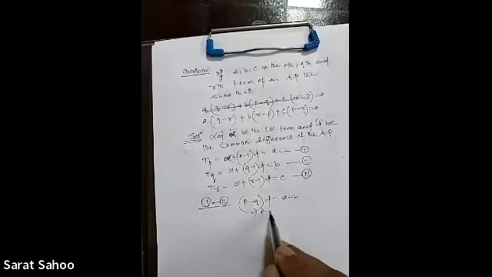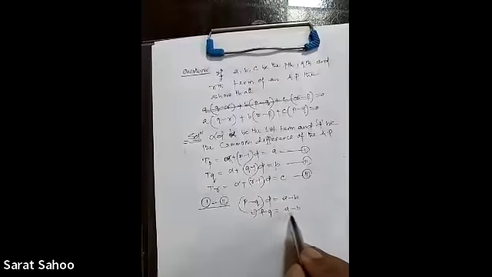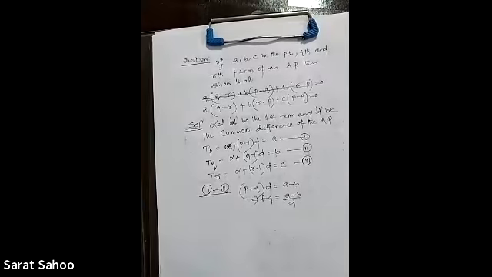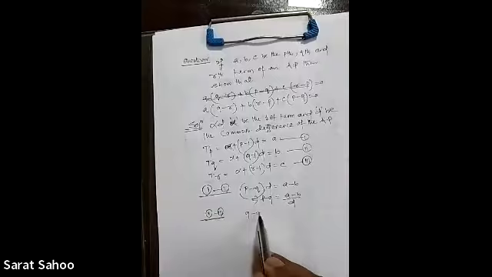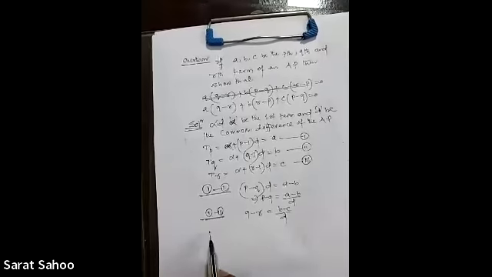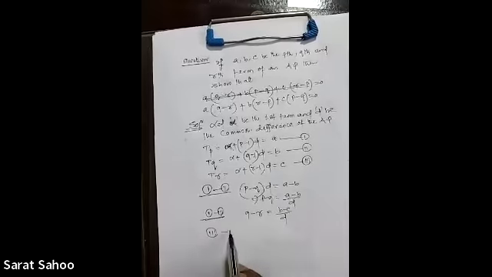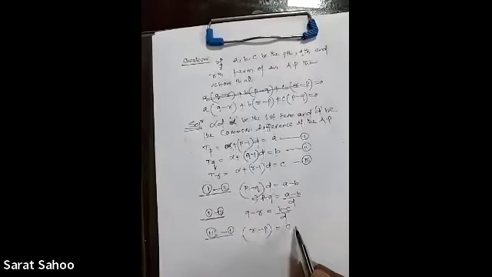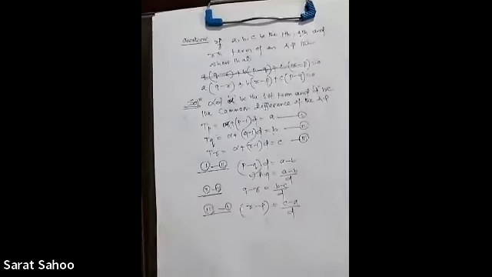So p minus q is equal to a minus b upon D. Similarly, equation 2 minus equation 3 gives q minus r is equal to b minus c by D, and subtracting the first equation from the third, r minus p is equal to c minus a upon D. Okay.